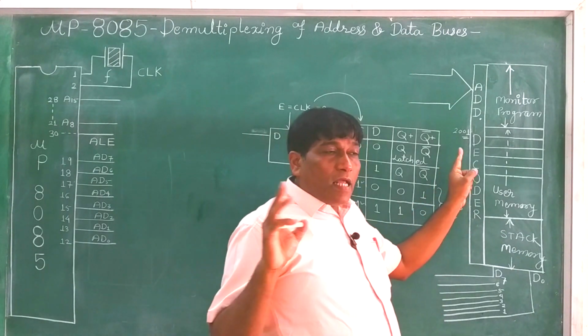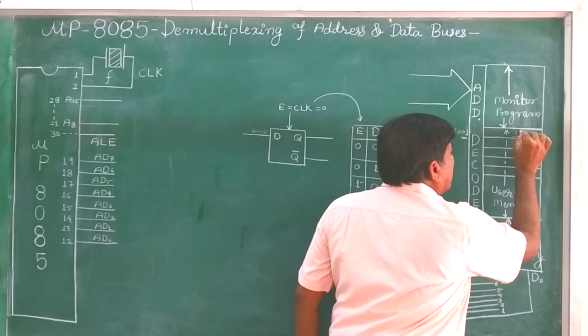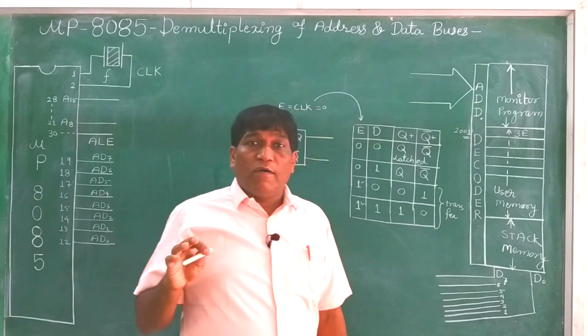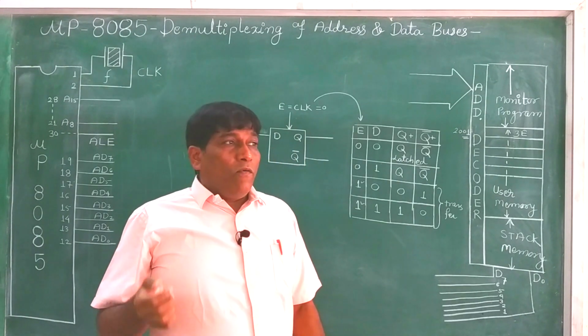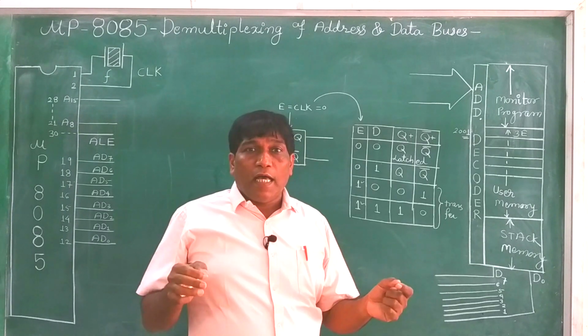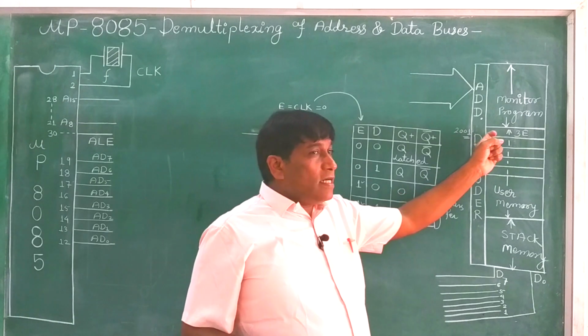Earlier we saw that at this location we loaded an operation code 3E, which is the operation code of MVI A, meaning move data immediately to the accumulator.